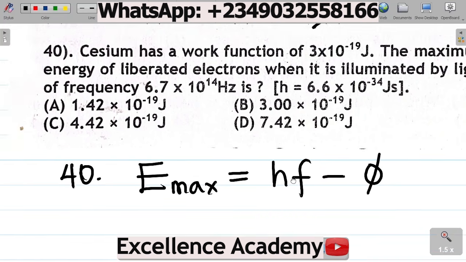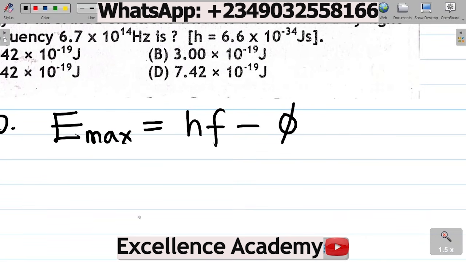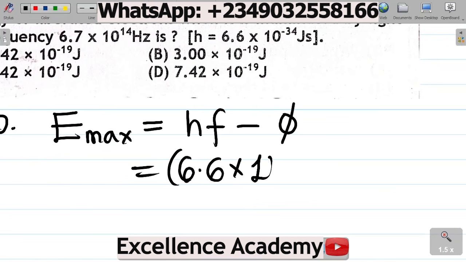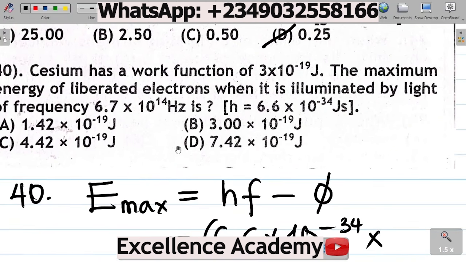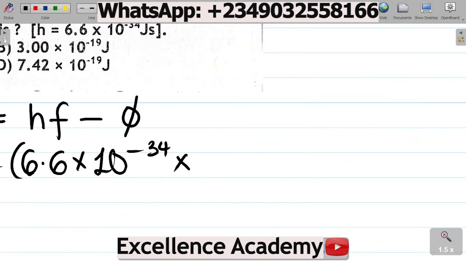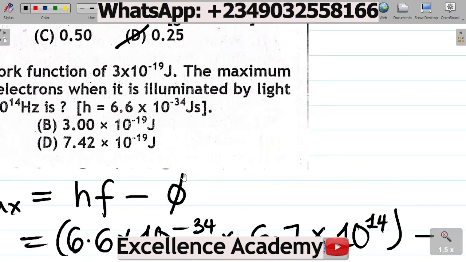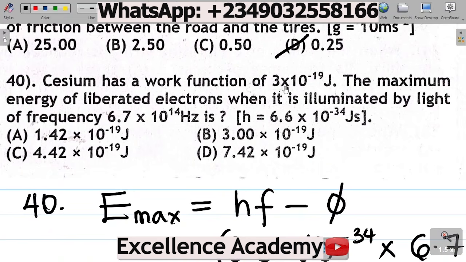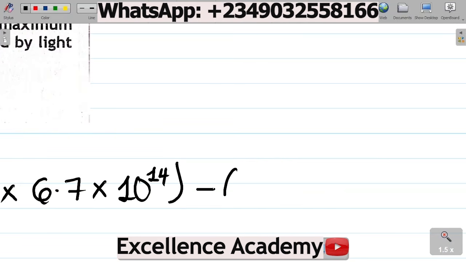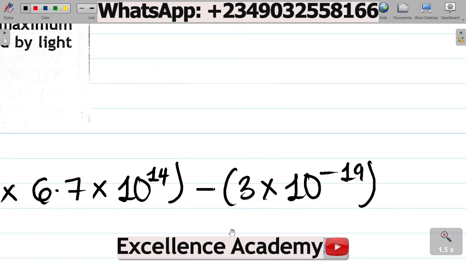If you input values there, H, Planck's constant, is 6.6 times 10 to the power minus 34, times F. The value of the frequency there is 6.7 times 10 to the power 14, minus the work function phi. The work function there is 3 times 10 to the power minus 19. You have this. All right.